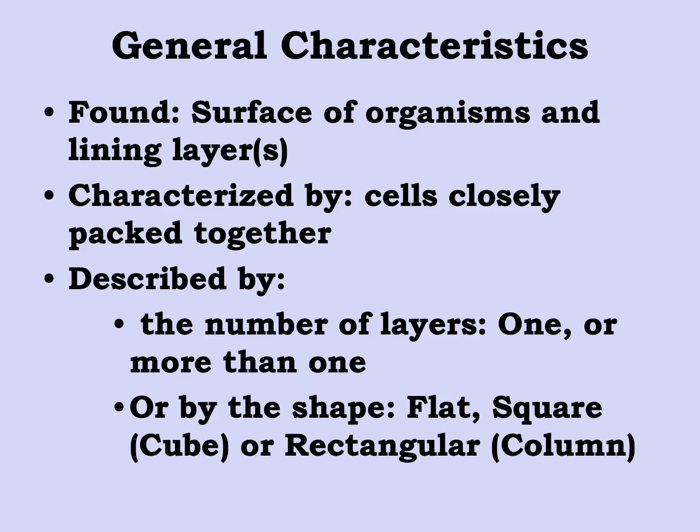When we start looking at some of the histology images and the slides of the tissues, you're going to be looking at these distinct lineages of cells based off of their stratifications and their shapes. We'll look at some of these in more detail when we look at the actual histology slides.